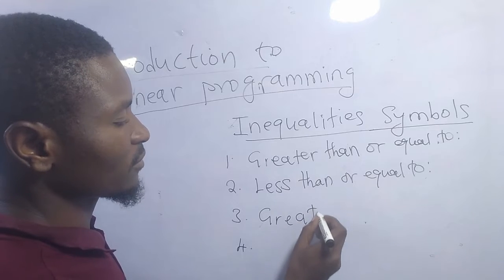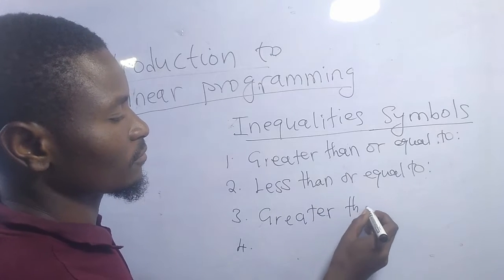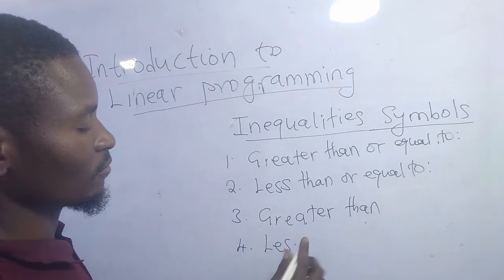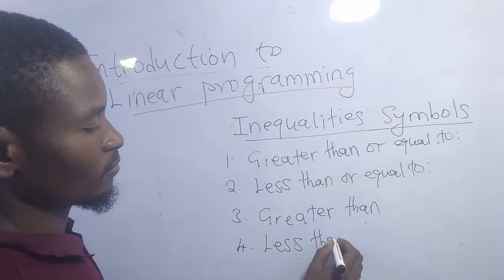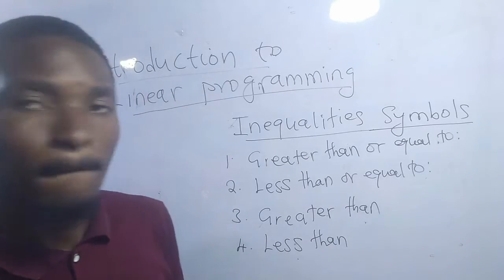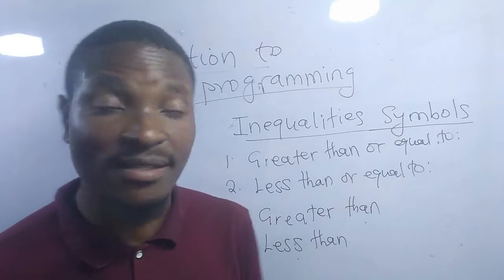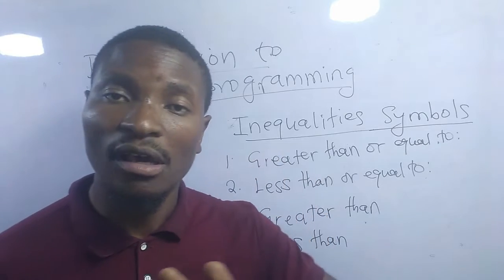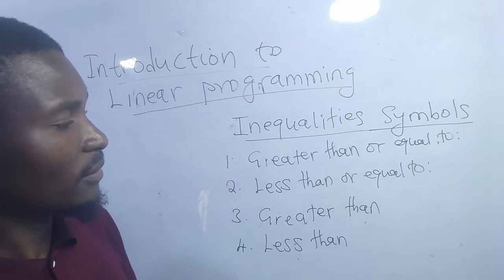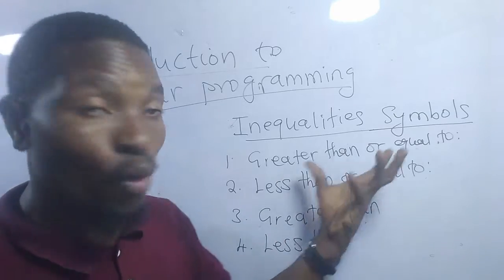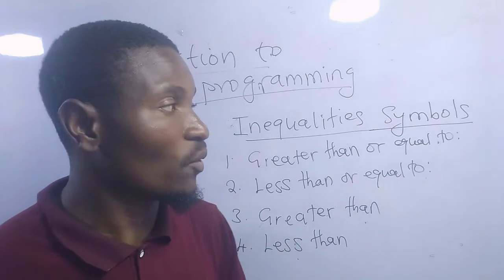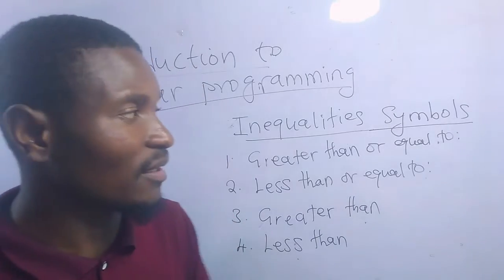Then the third one, now we have basically about 4 inequality symbols, okay? Now, greater than or equal to, what does that symbol look like, or how do you represent something like that, okay?